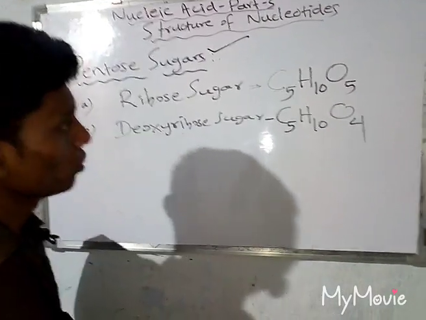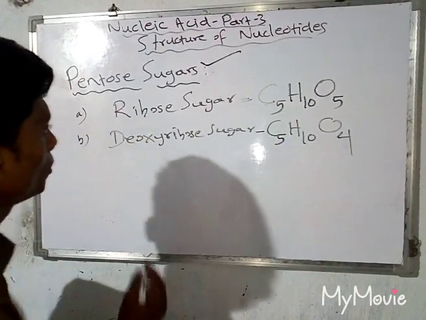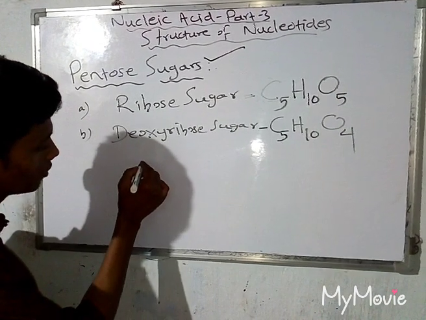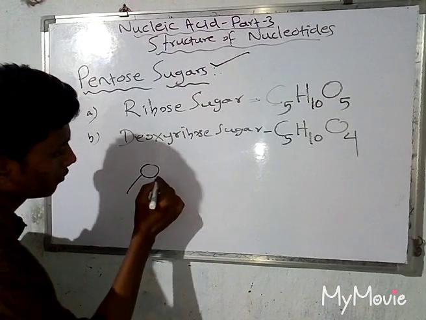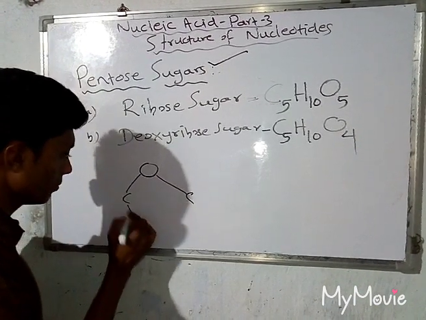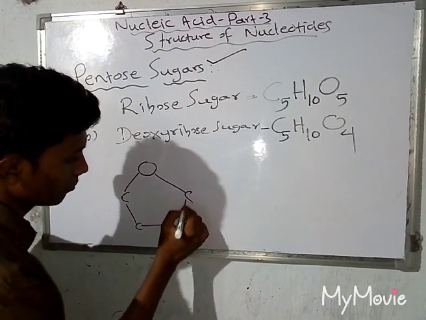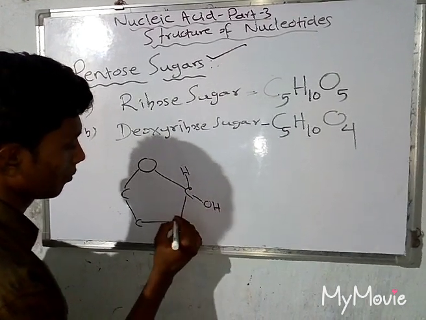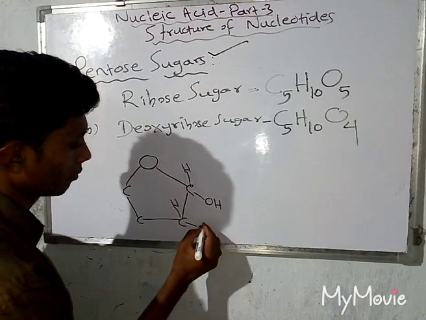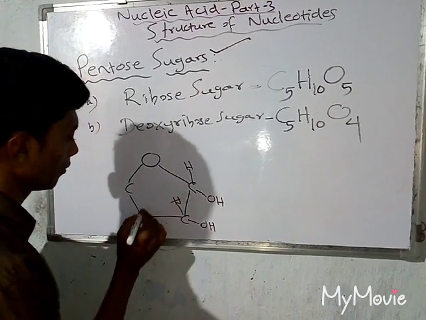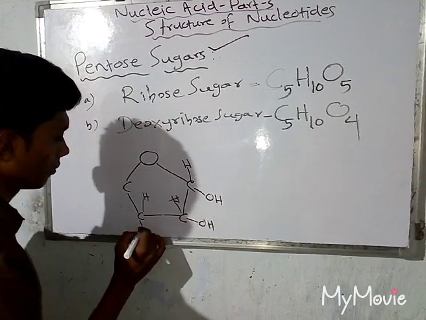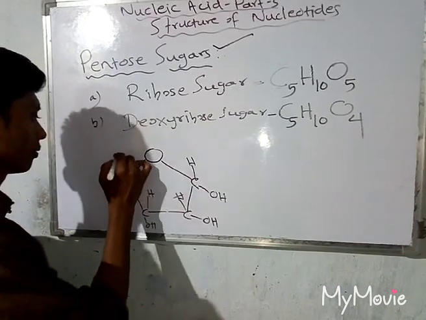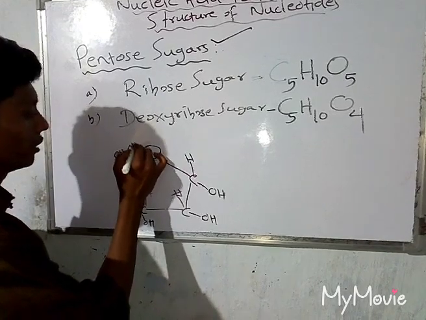So let us go through the structure. First of all we'll draw the ribose sugar. The structure of ribose sugar is like this. Here you can see the structure.